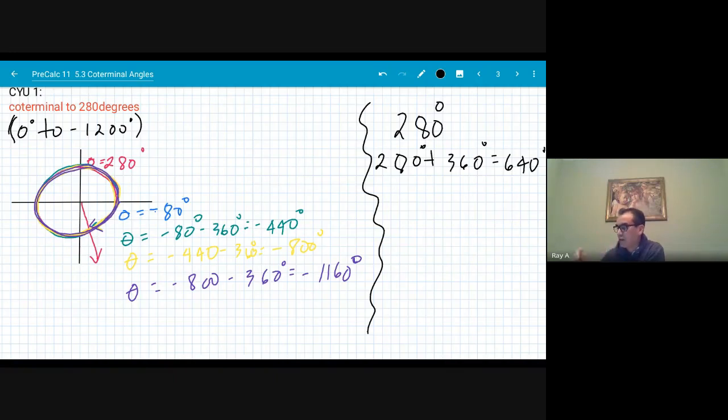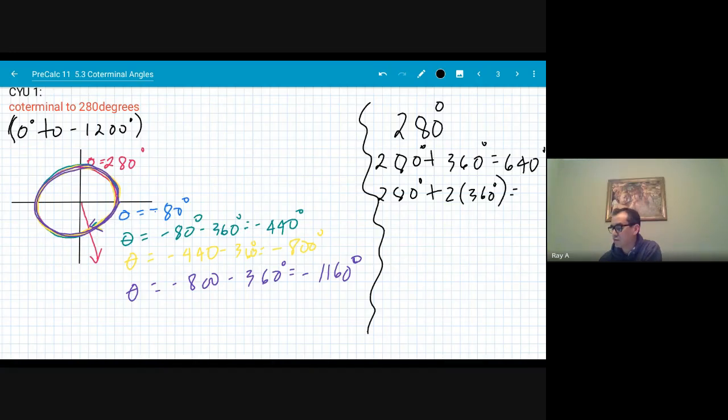Then if I add another 360 to 640 as I go another full turn, that would be 1000, which is like 280 plus 360 plus 360, which is 280 plus 2 times 360.